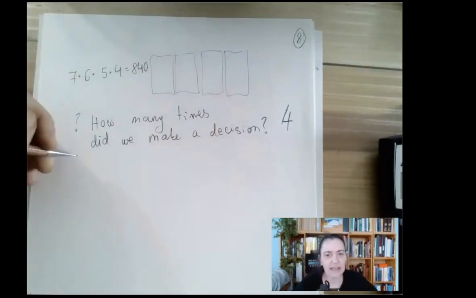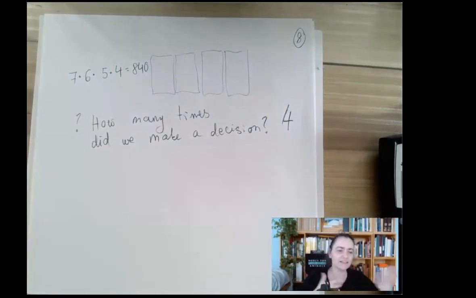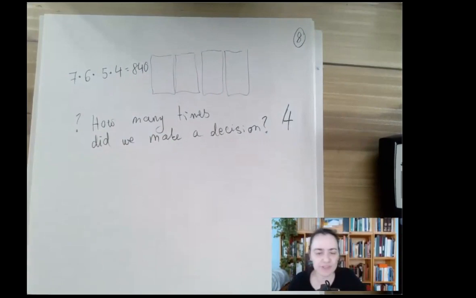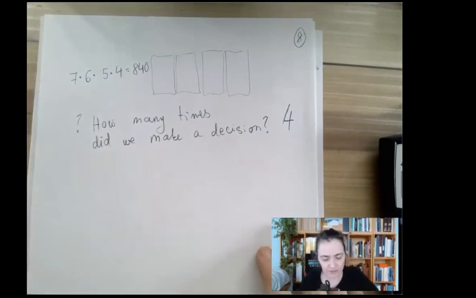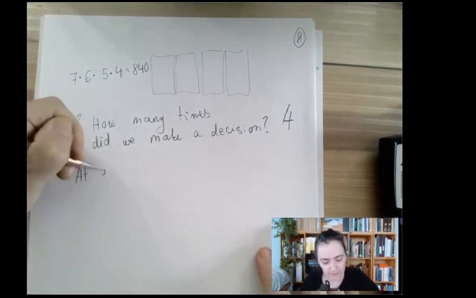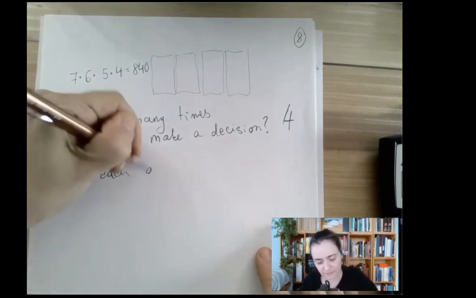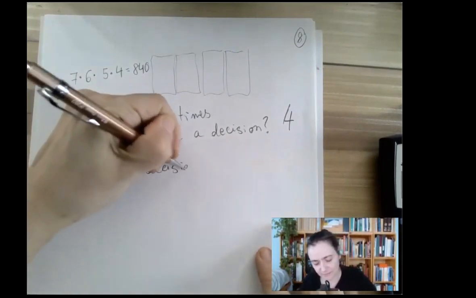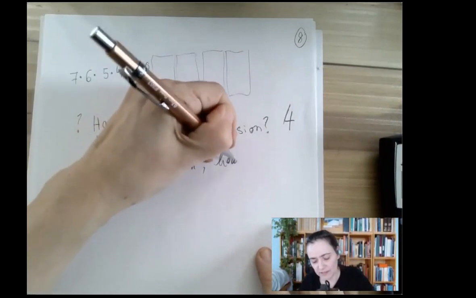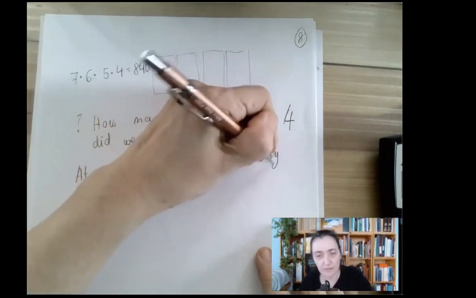And then at each choice, how many options do we have? How many choices did we choose from? But now you see why the word choices is a little dangerous. So at each decision, how many options did we have? Well, in the first case, it was always 7.